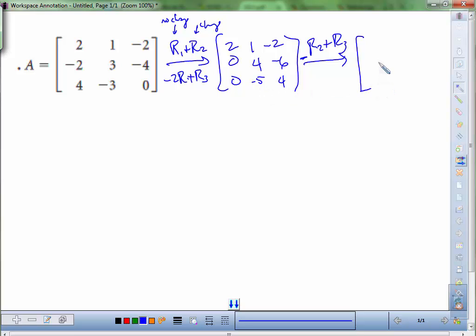I want it to be 0. 0, 4, negative 6. 5/4? Positive or negative? So positive 5/4. So positive 5/4 would give me positive 5. That would be 0. Positive 5/4 here would give me something else.